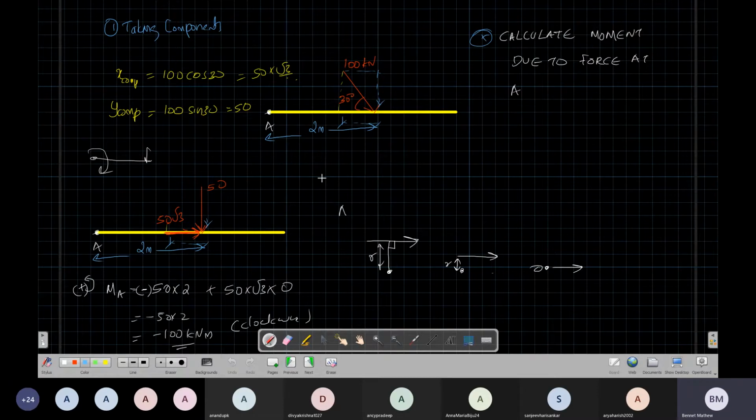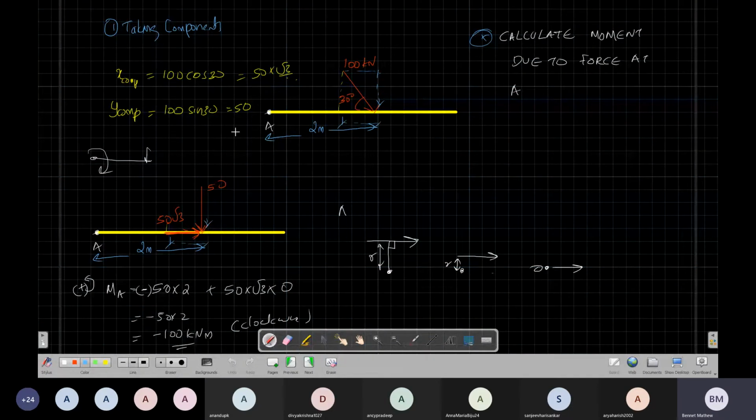Right. So one thing that I want to tell you about this is there is a name to this. This method means taking components.